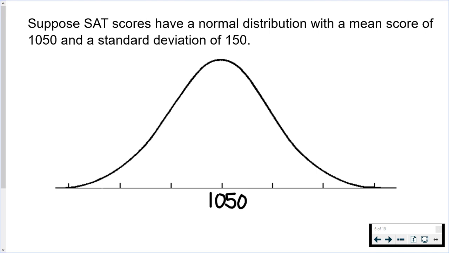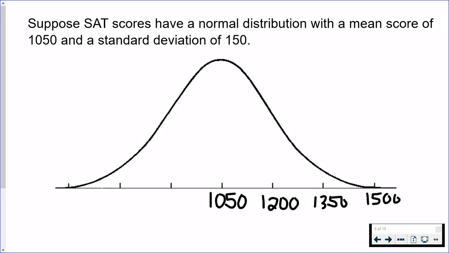And then to move to the right, you add the standard deviation, and move to the left, you subtract the standard deviation. So if I add 150, I get 1200 as my next value, and then 1350, and then 1500.